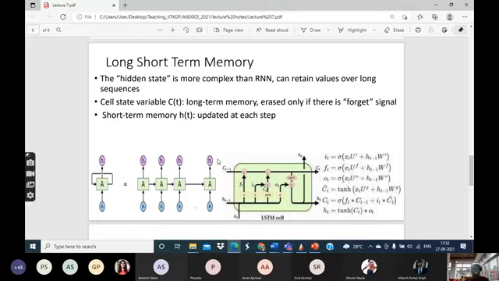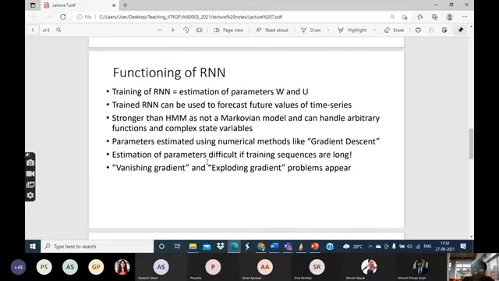To solve this problem, here comes what is known as the long short term memory. This is also a kind of recurrent neural network, but here the hidden variable calculation is much more complicated than in the simple RNN.